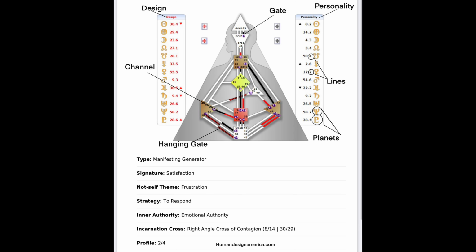Like ultimately, the most important things are always to get the basics, to know what your strategy and authority is, to know what your design is, and look at your gates and look at your incarnation cross and those types of things. Because when you know that and you have that basis, then you can sort of expand and see the other perspectives, because there is so much connection with all the different parts of a body graph.